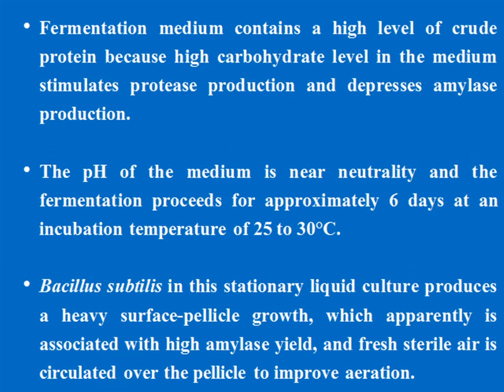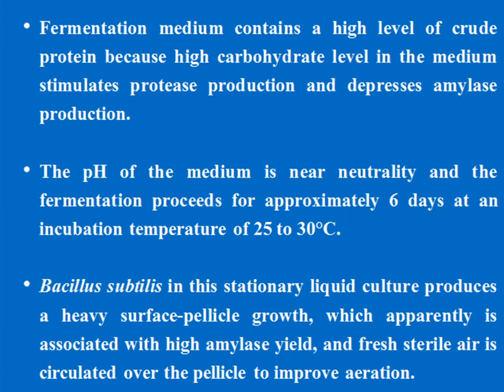Fermentation medium contains a high level of crude protein because a high carbohydrate level in the medium stimulates protease production and depresses amylase production. The pH of the medium is near neutral and the fermentation proceeds for approximately 6 days at an incubation temperature of 25 to 30 degrees centigrade.